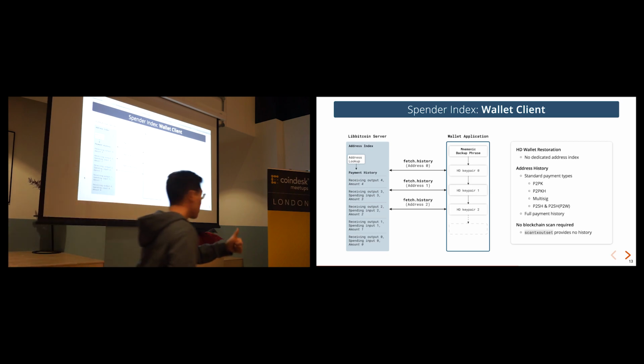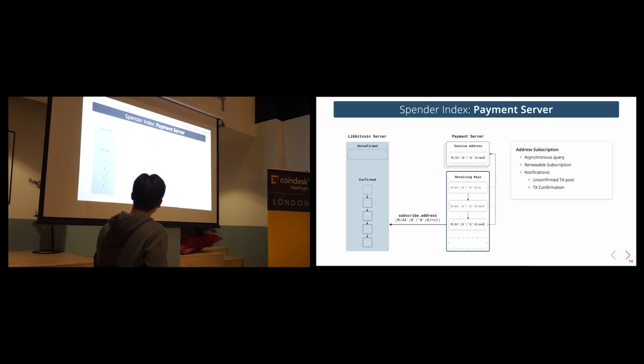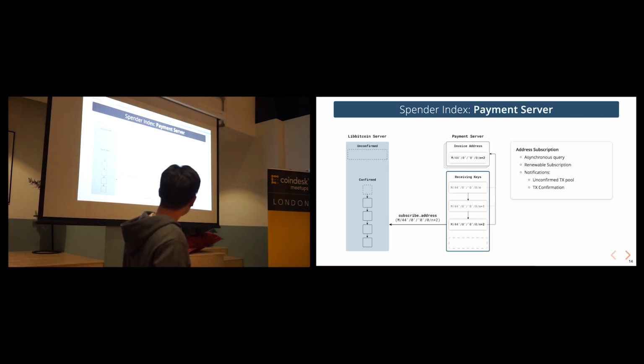Yep. Thanks, Michael. Maybe I'm a payment server, and there's a nice query, we're still at the spender index, so I can subscribe to a specific address. Let's say I'm generating all these invoices for my payment server, and for better UX, I want to know when the transaction is actually broadcast or accepted into the mempool, the unconfirmed transaction pool, and I want to know when it's confirmed.